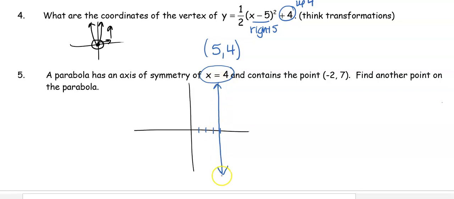And this is that line cutting it into those two symmetrical pieces. I know that it has a point, negative 2, 7. So I'm at negative 2, up 1, 2, 3, 4, 5, 6, 7. So I have one point at negative 2, 7.